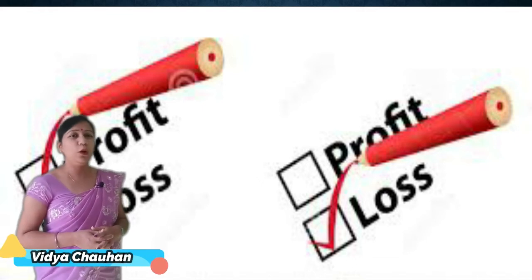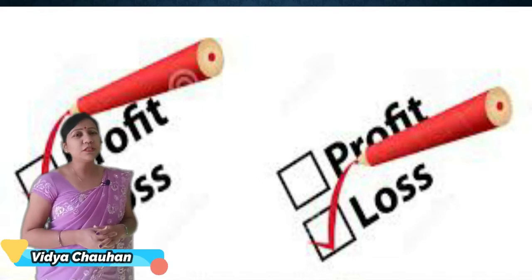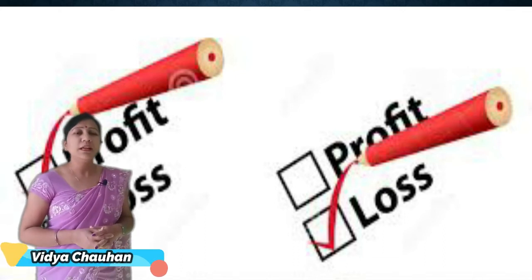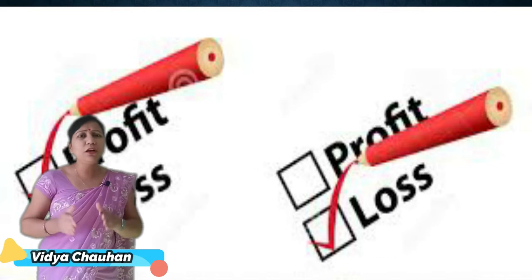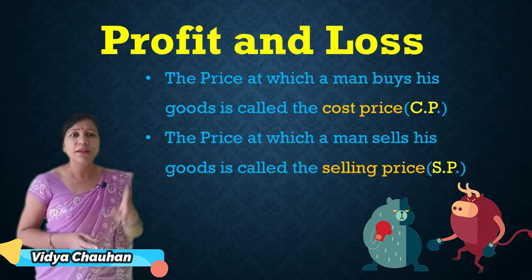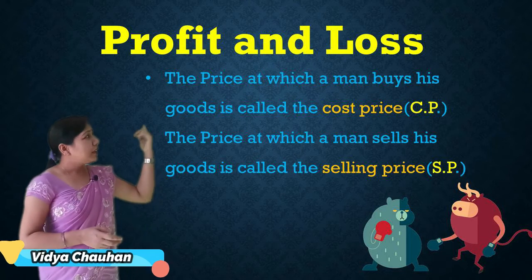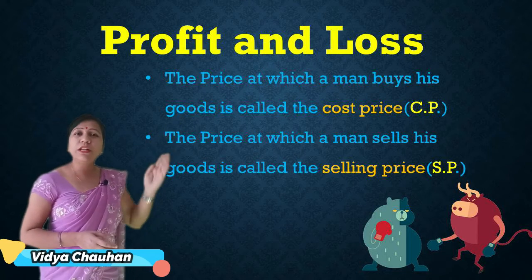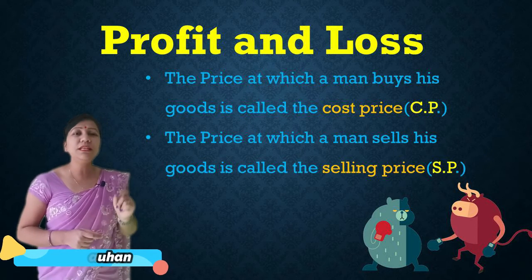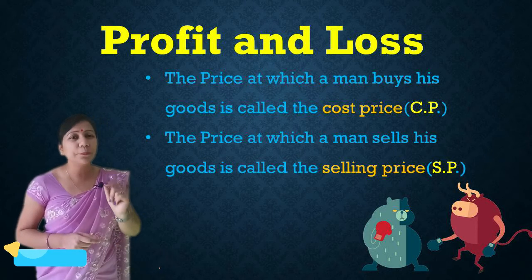This is called loss. So in terms of money, if we talk about profit and loss, there are some important terms which you should know. So let us discuss the important terms. Very first, the cost at which a good is purchased. As the shopkeeper purchased the item, that is called cost price.